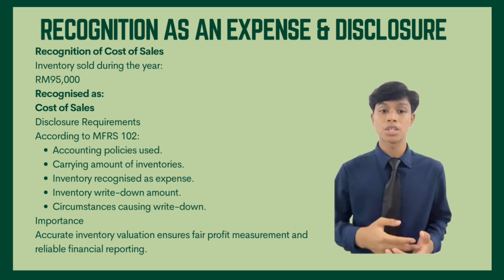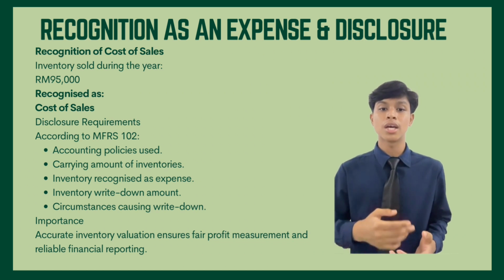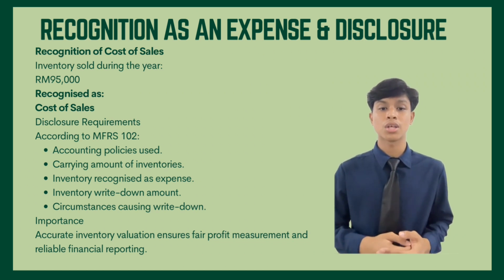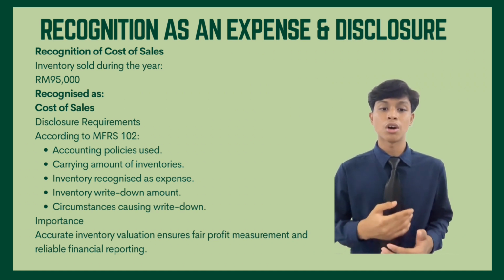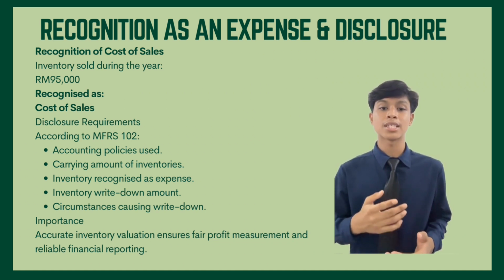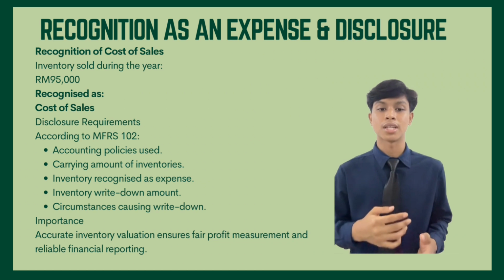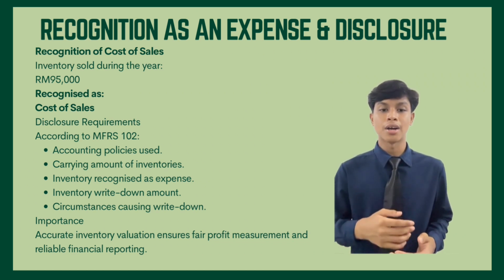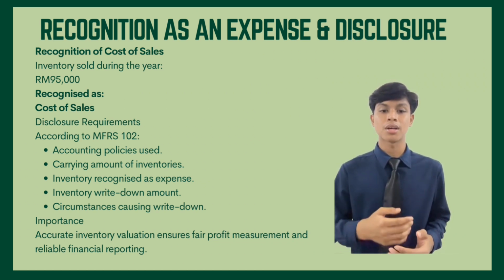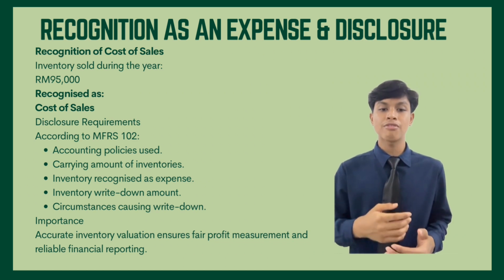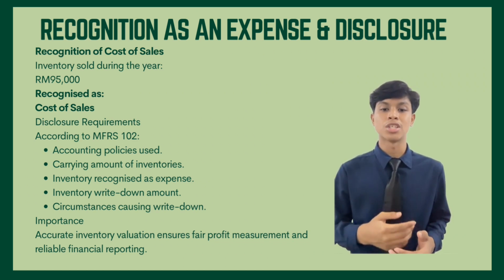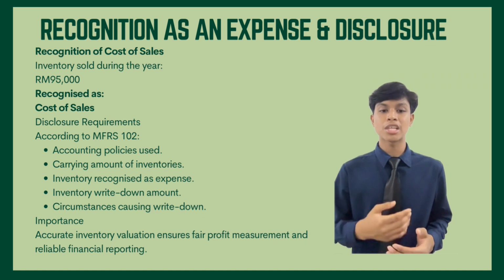Therefore, 95,000 ringgit should be recognized as cost of sales in the statement of profit or loss. This treatment follows the matching principle because the cost of inventories is recognized in the same period as the revenue generated from their sale. If inventories are measured incorrectly, the company's profit may be overstated or understated. This can affect management decisions and reduce the reliability of the financial statements.